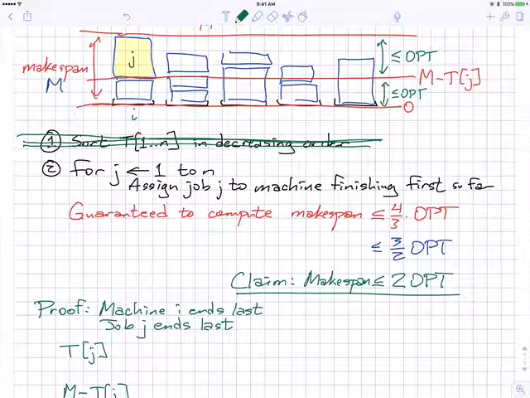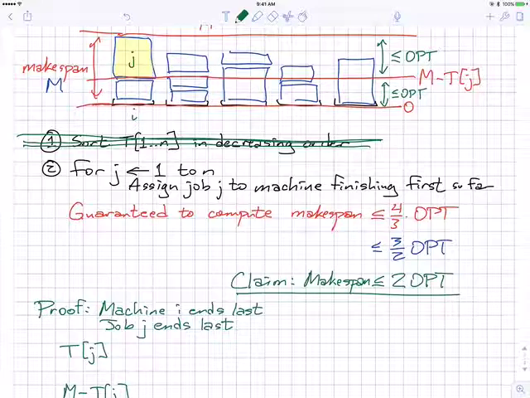Can anyone give me the one-line proof? In the optimal schedule, that job has to be done by a machine. Yeah, you have to run job J. It takes that much time. Whatever machine runs job J is going to end on or after time t of J. So in particular, whatever machine ends last, its ending time is going to be greater than or equal to this.